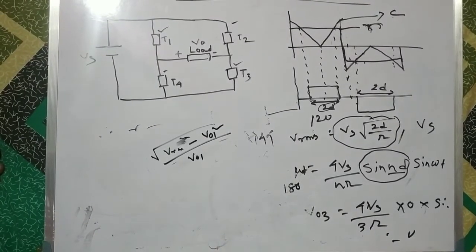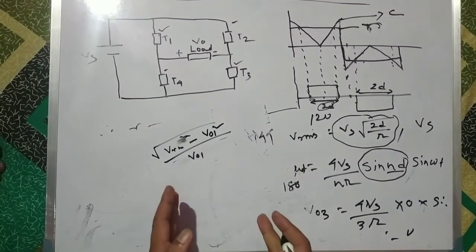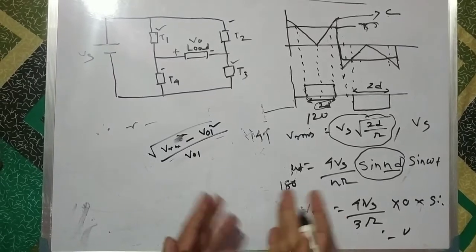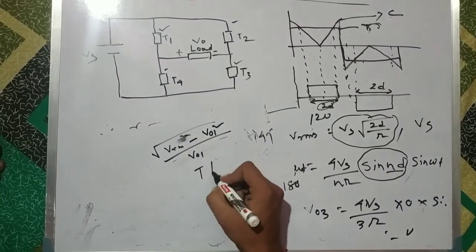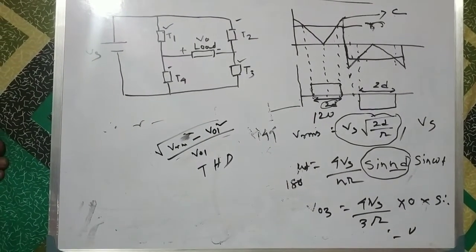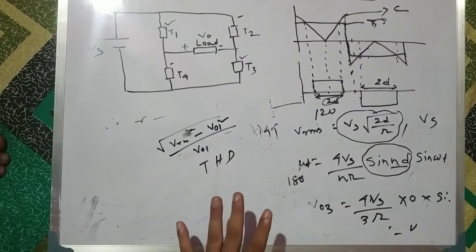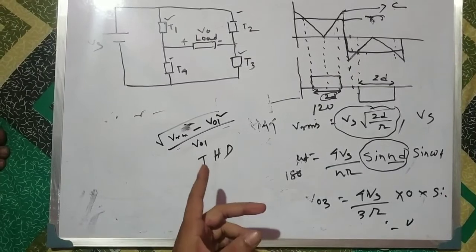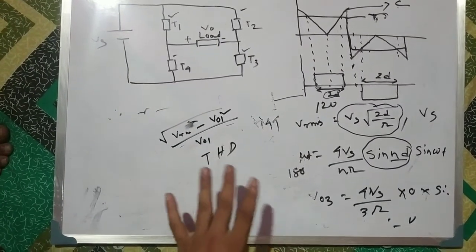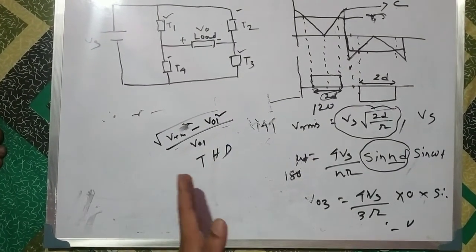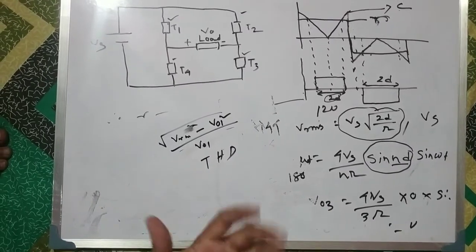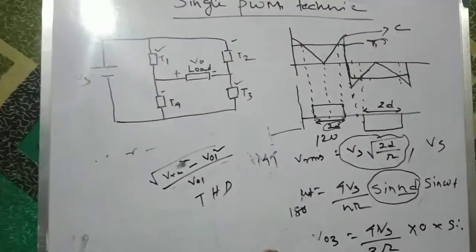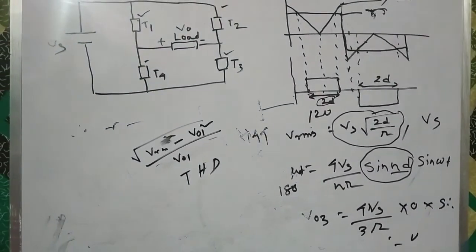We always want to decrease the harmonic value. So the main advantage of the PWM technique is that we can eliminate lower order harmonics, but higher order harmonics may increase, and we can eliminate them by using a filter. Okay.